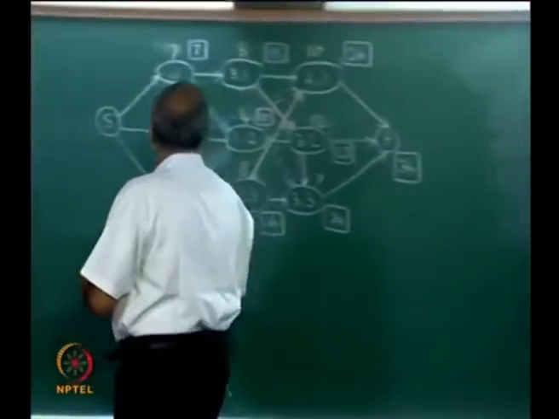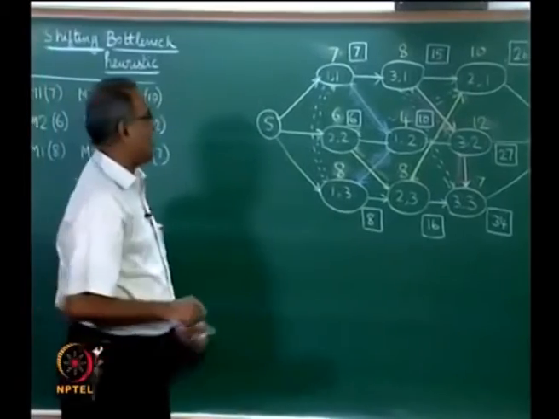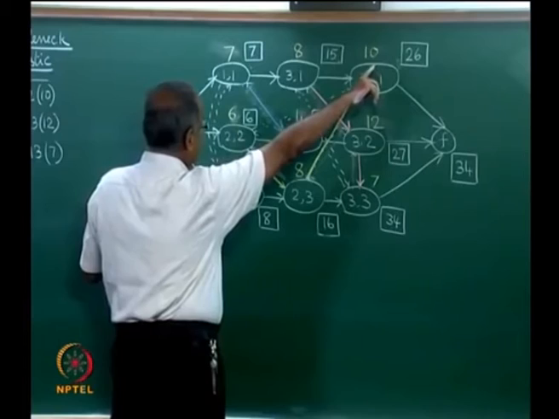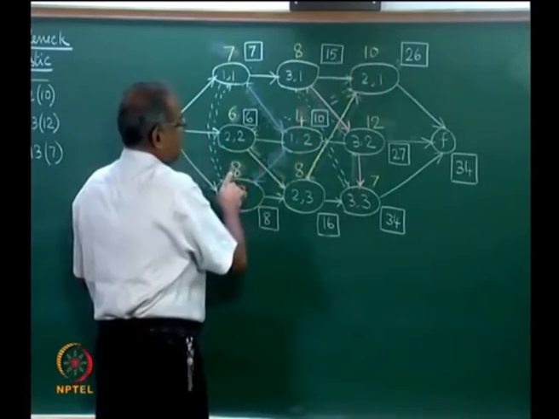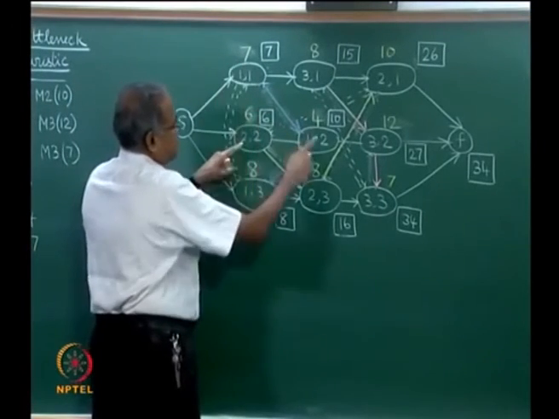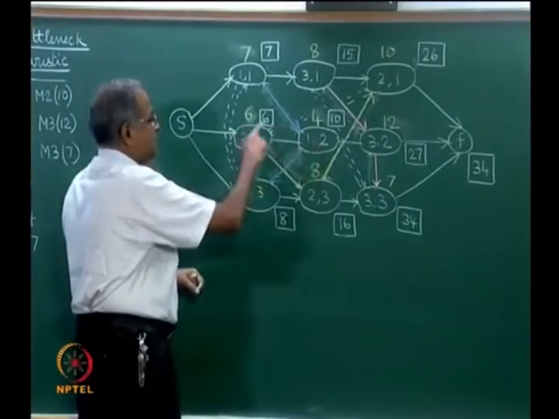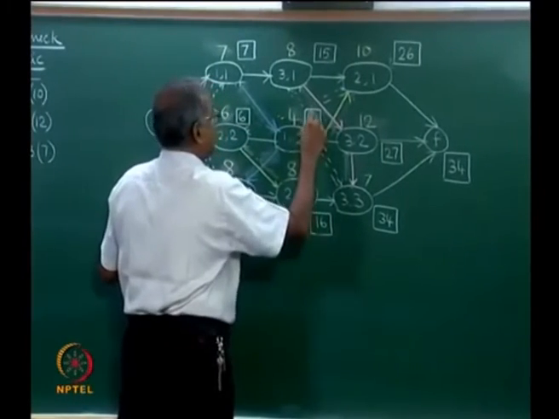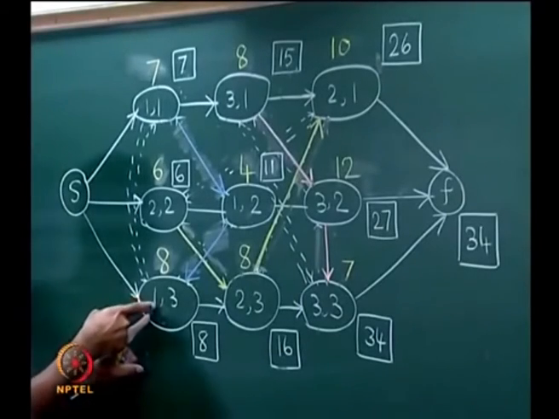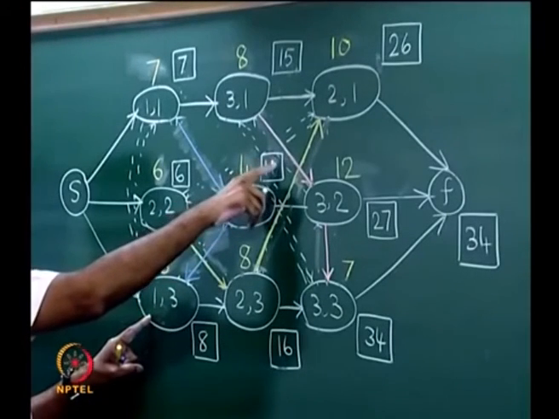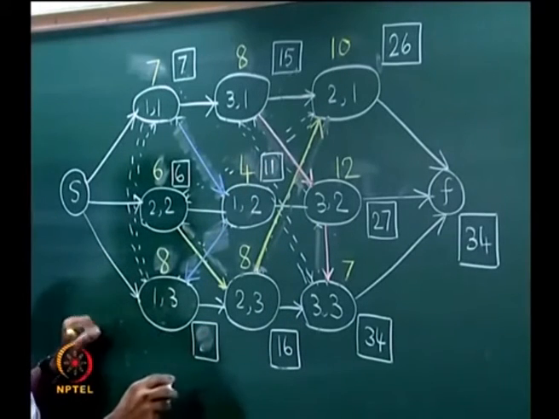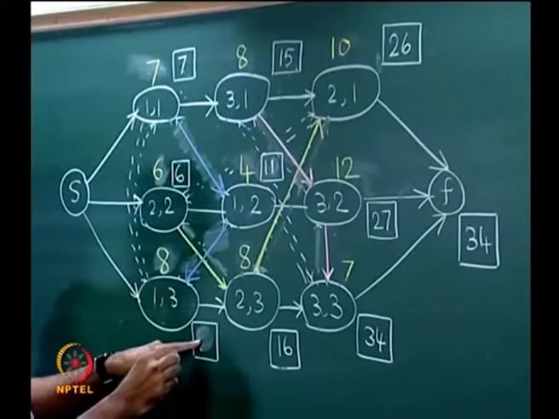And update it. Now, we do the computation of the node labels. So, we have 7 plus 8, 15, and this one will become 8 plus 8, 16, plus 10, 26. Now, this will become 7 plus 4, 11, instead of 6 plus 4, 10. Now, this node will become 11 plus 8, 19.